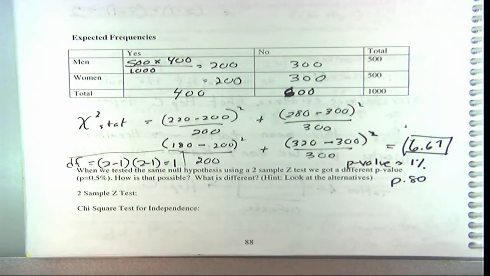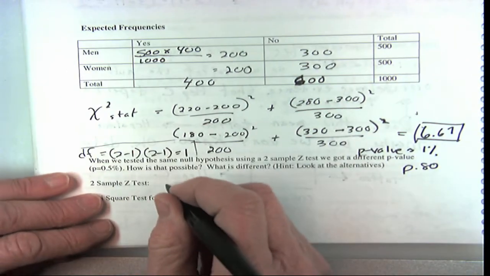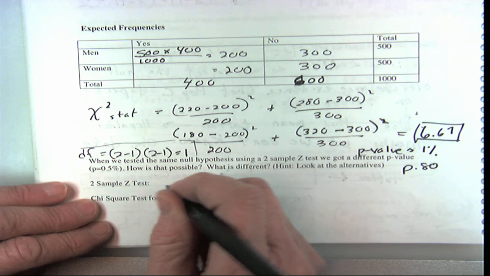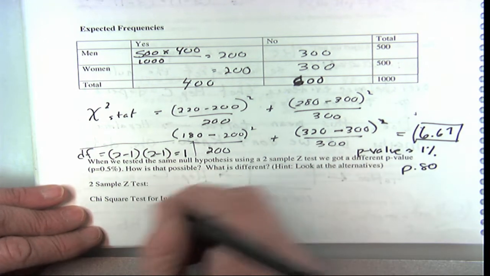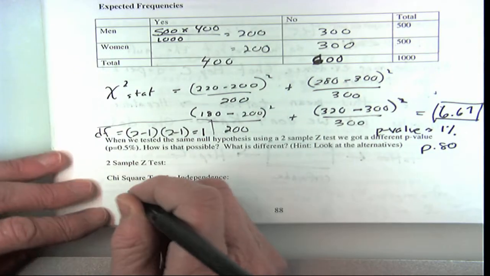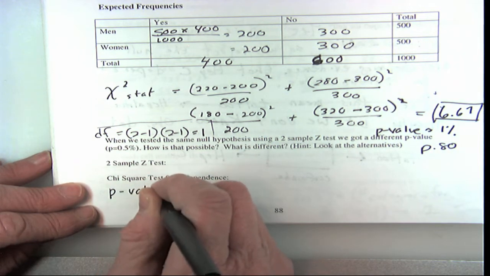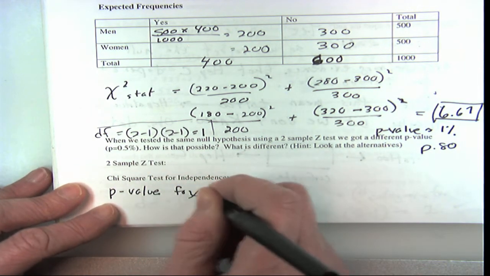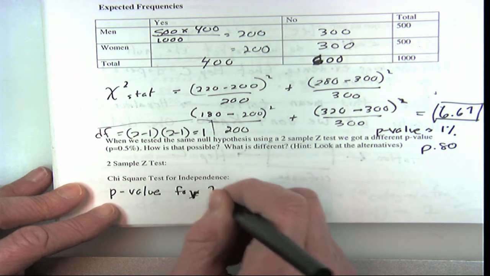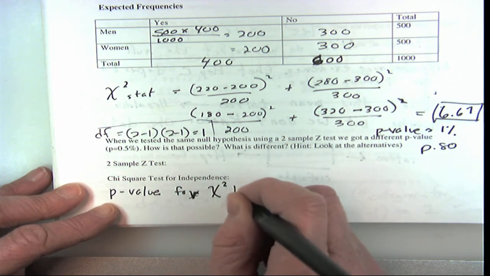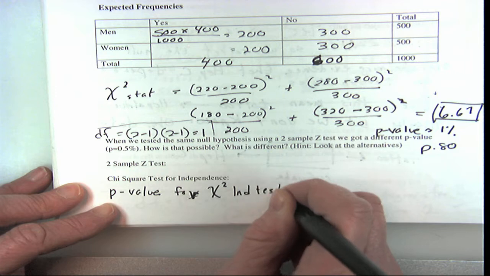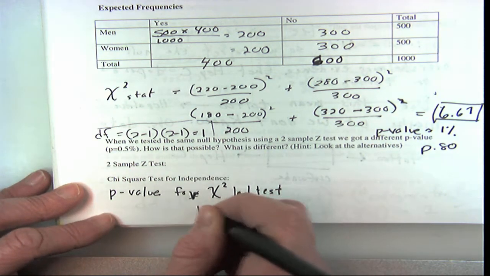Now I lost my place right here. Okay, page. So the 2 sample z-test, it's the same. Okay, so I'll just write the p-value for the chi-square independence test was 1%.